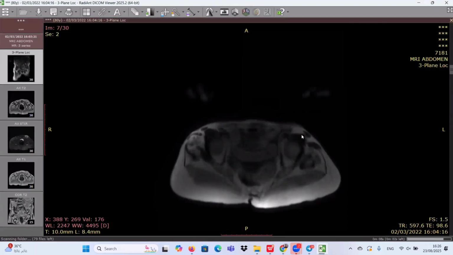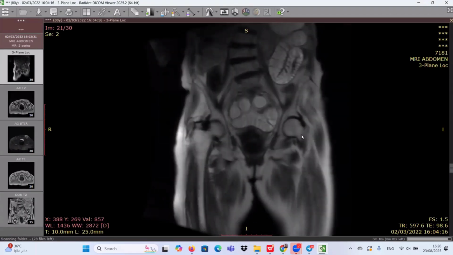If we start to scroll, I will give you the story for this case. This case presented with acute abdominal pain, and the patient went to the ER, and one of the ER doctors told me to do a CT scan for the patient, but unfortunately, the CT machine was not working at the time.